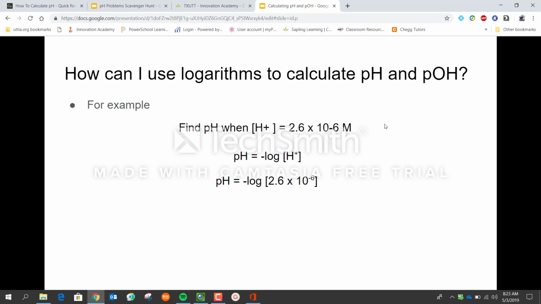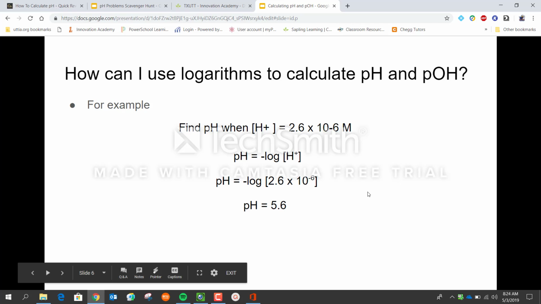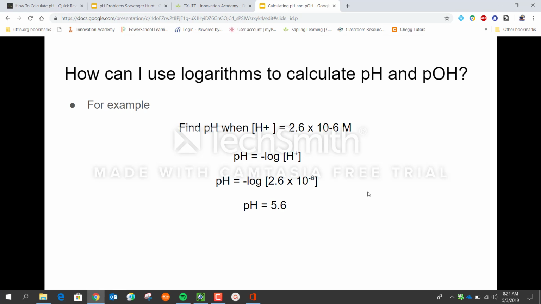So substitute in 2.6 times 10 to the negative 6 power for hydrogen ions, and all you have to do now is literally punch this into the calculator. So you're going to hit the negative log button and type 2.6 times 10 and then the little up arrow for raising it to the negative 6 power. And press enter and you get 5.6, and that's the pH of this solution.